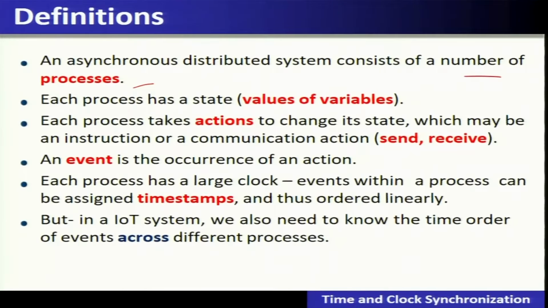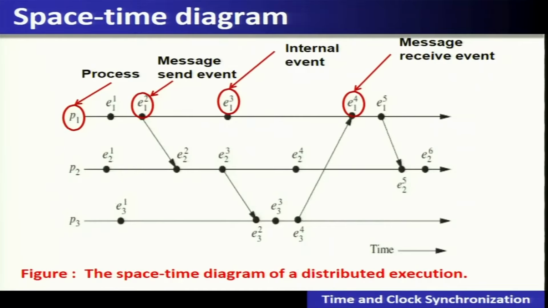Each process has a local clock, and each event within the process can be assigned a timestamp and then ordered linearly. In an IoT system, we need to know that the time order of events across processes is also maintained in the same manner. So let us understand the same concept using a time space diagram.